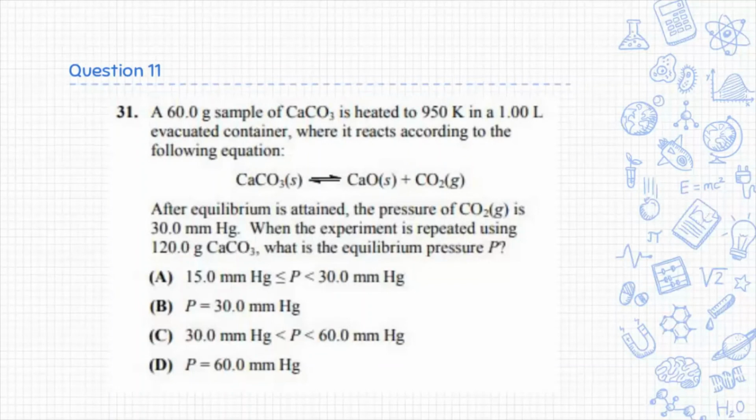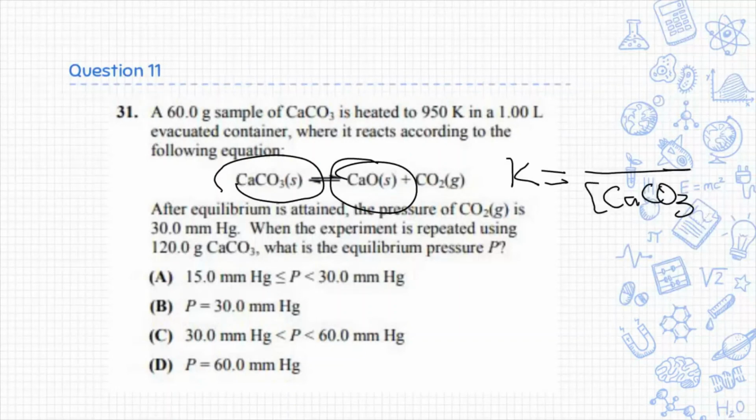All right, so let me explain this question. It seems like our answer choices are slightly divided, but the correct answer was B. Let me explain briefly why. The first thing we want to do is write the equilibrium constant for the given equation. But there are two species that are solids, calcium carbonate and calcium oxide, so they won't be present in the equilibrium constant, meaning this is not correct.